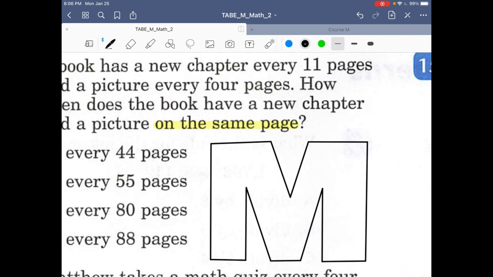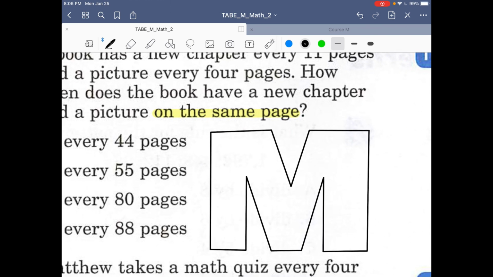So looking at this one, we have a new chapter every 11 pages and a picture every 4 pages. So we want to know where the two will happen together. So we have 11, 22, 33, 44.